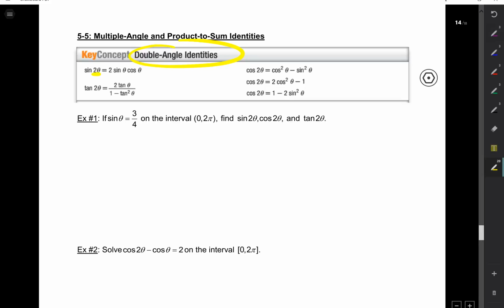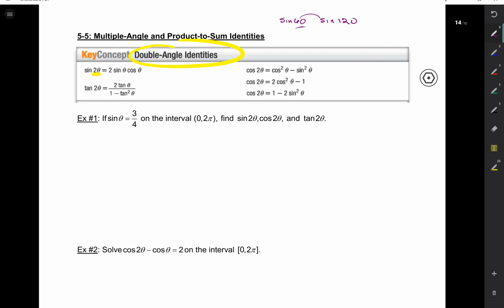Imagine if you had sine of 60, now you have sine of 120. So you take the angle and multiply by 2. The question is, if you just multiply the angle by 2, is there a way to correlate the two of them? That's what we're going to do.